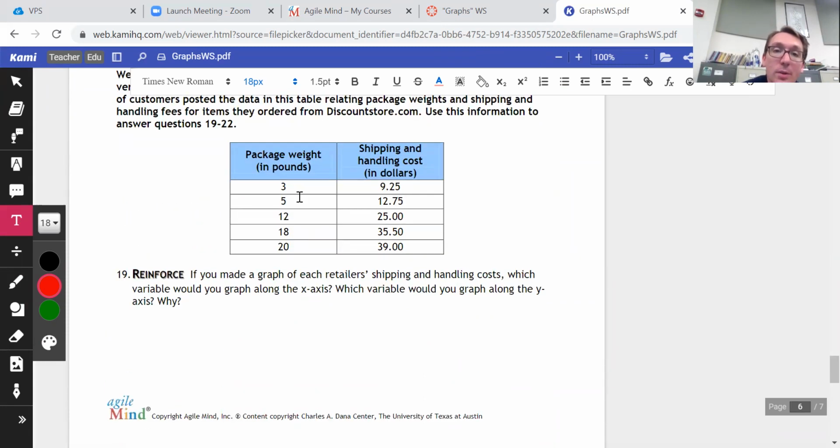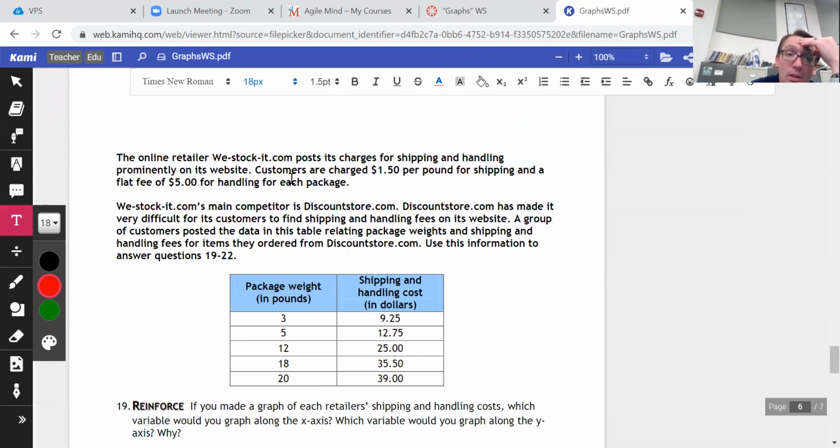So what would I use? Cost or how much it weighs? Now remember, they're saying we charge this much money plus a little bit extra for every pound that something weighs. So they charge based on the pound of what they send in the mail. Okay, so what depends on what? Does the weight depend on the cost, or does the cost depend on the weight of the package? The weight affects the cost. The cost depends on the weight.